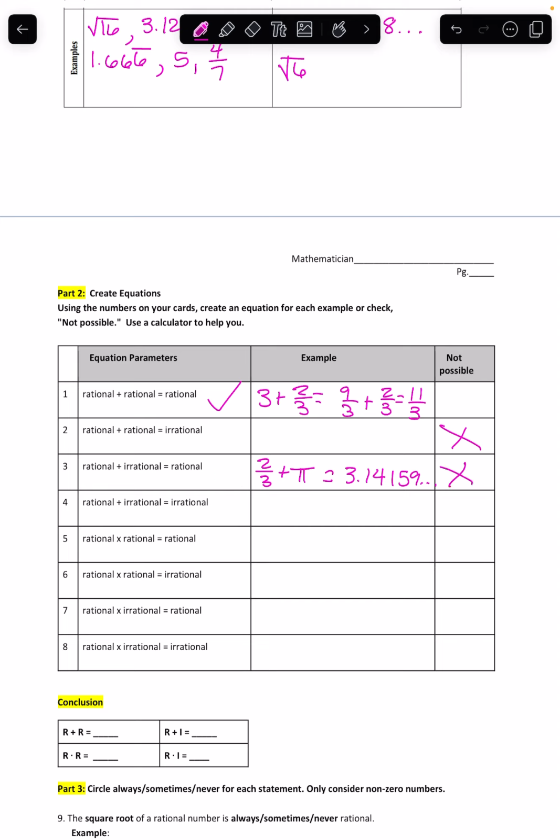And then a rational plus irrational equals irrational. That one is correct because that's our irrational number there.